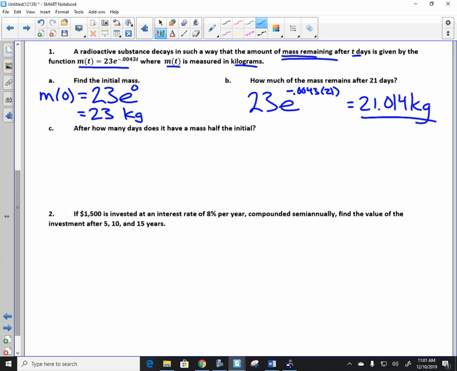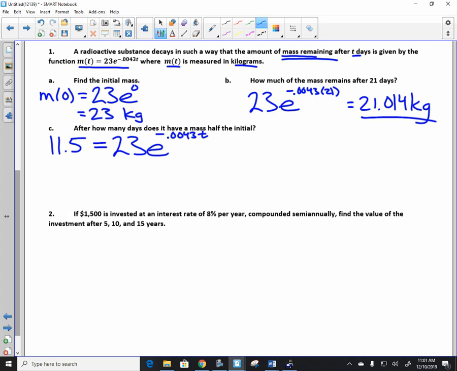The next question is much more challenging. After how many days does it have a mass that's half of the initial mass? Very good. Alex says 11.5 is now the mass. When is that equal to 23 times e to the negative 0.0043t?